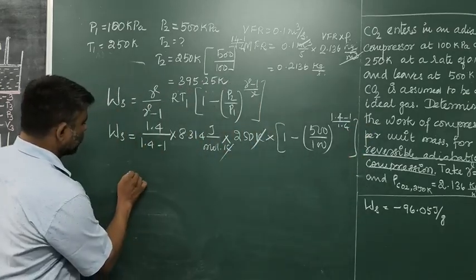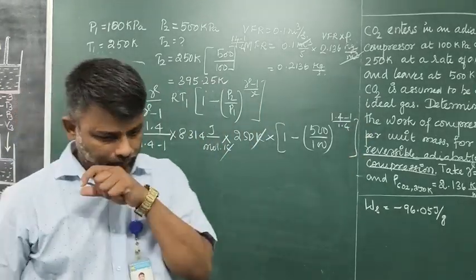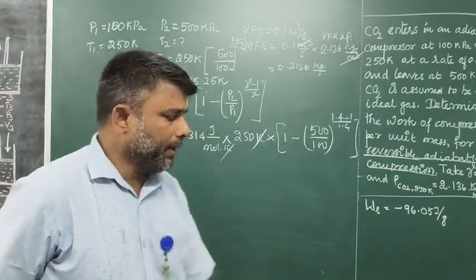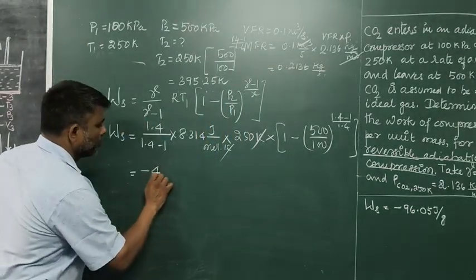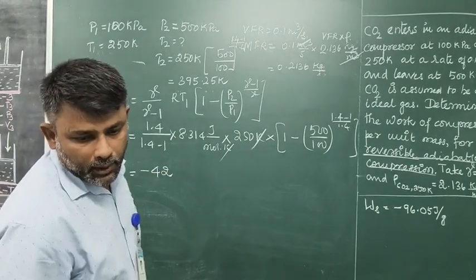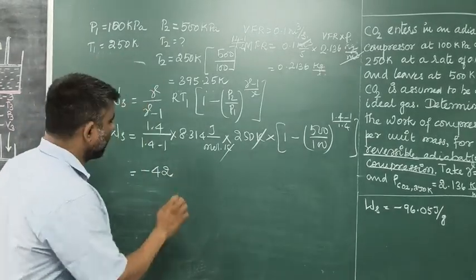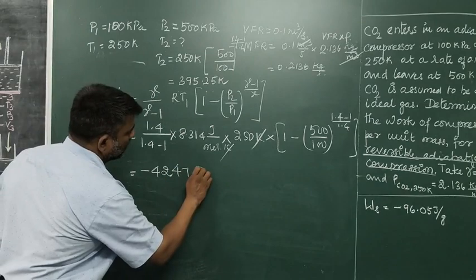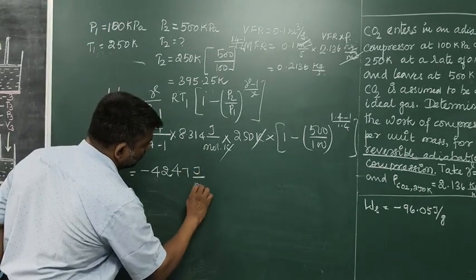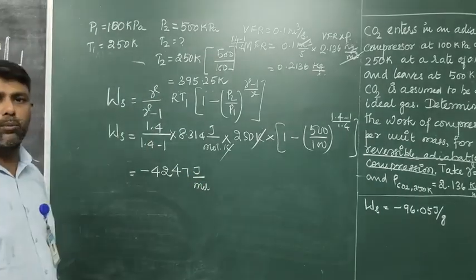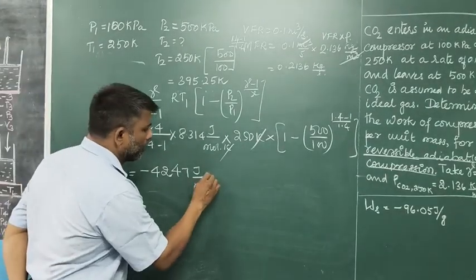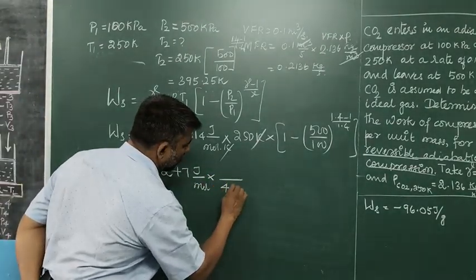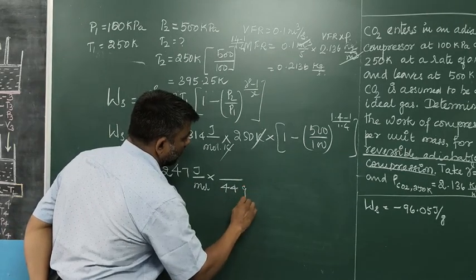Clear? On substitution, this value becomes minus 4247 joule per mole. The answer is in joule per mole. In order to cancel this mole term, you have to divide by the molecular weight, gram per gram mole.